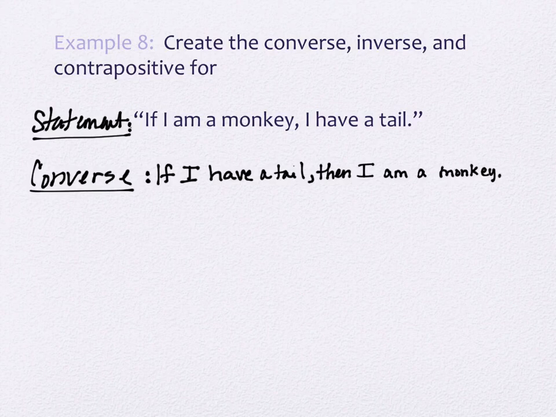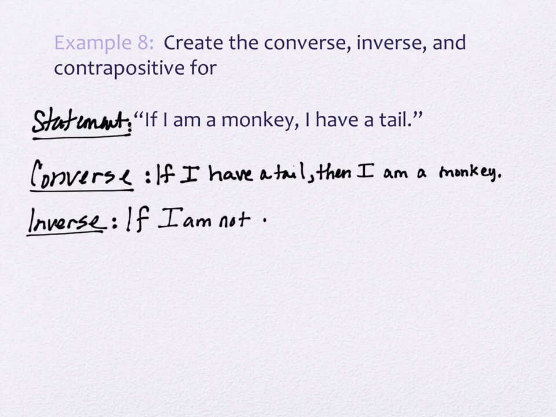Yeah. An inverse. Now, the inverse doesn't change the order of things. It negates them. So again, ifs and thens don't move, but the part about the monkey stays at the beginning. If I am not a monkey, then, and some of you have already said it, I do not have a tail.